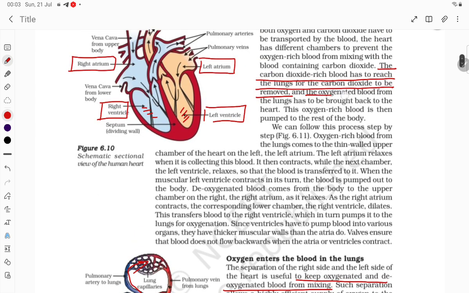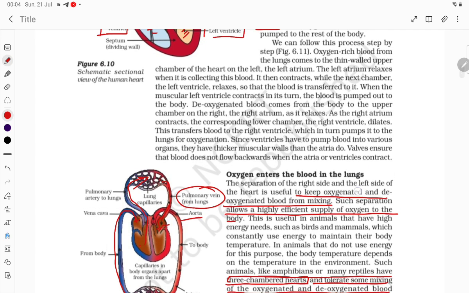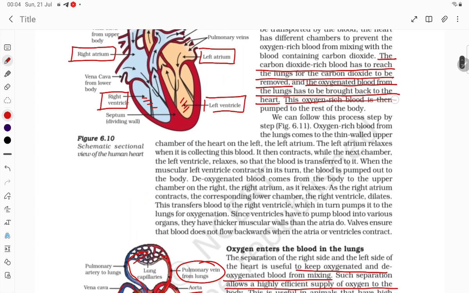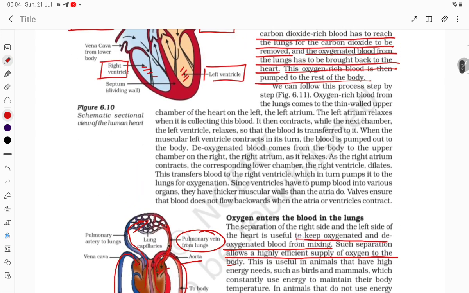Oxygenated blood from the lungs has to be brought back to the heart. So this oxygenated blood is brought back through the pulmonary vein to where, student? The left atrium. This oxygen rich blood is then pumped to the rest of the body, from the left ventricle.